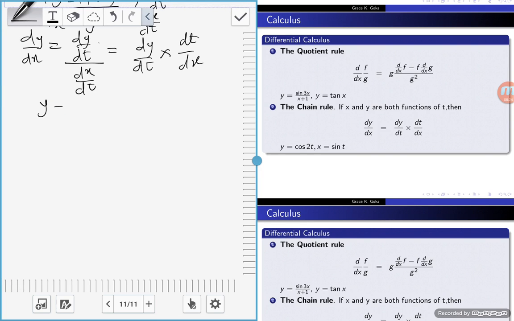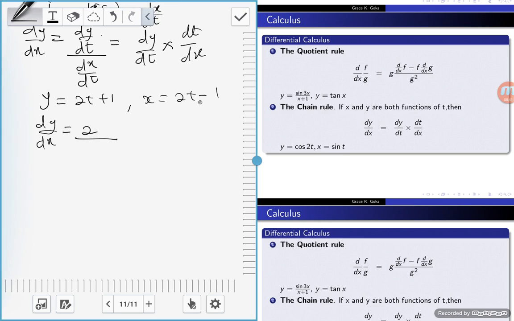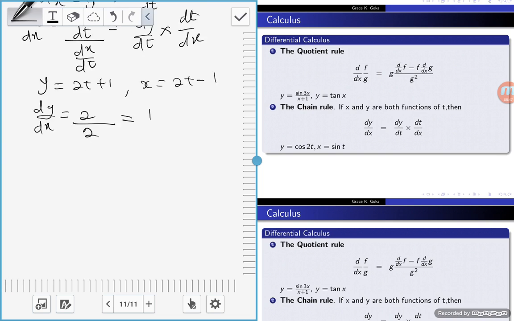Example: if y is equal to 2t plus 1, x is equal to 2t minus 1, then dy dx is differentiate this with respect to t. So if you differentiate this with respect to t, you get 2. If you differentiate this with respect to t, you get 2. So this is equal to 1.